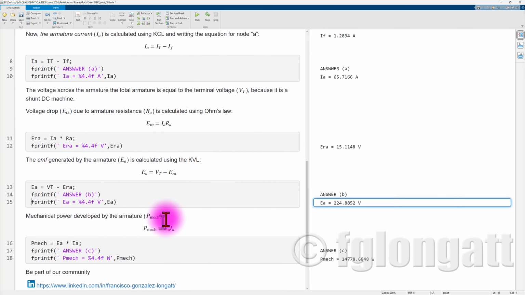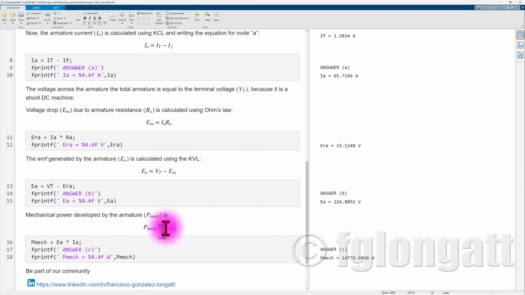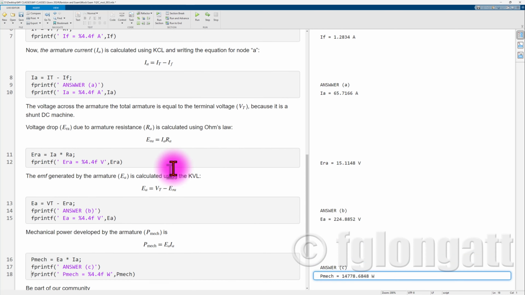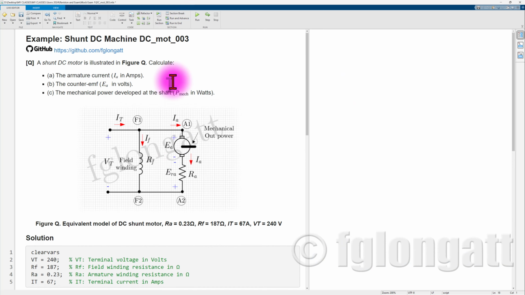In other words, we have the equation Ea multiplied by Ia. So we are multiplying 224.8 volts by a current of 65.7 amps. The answer for question C is basically 14,778 watts, the mechanical power developed at the shaft.